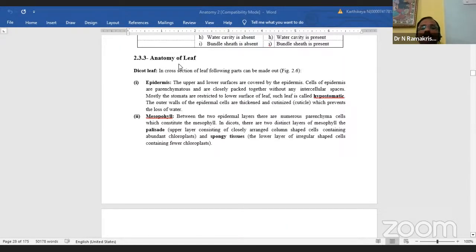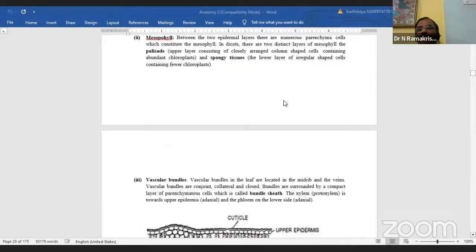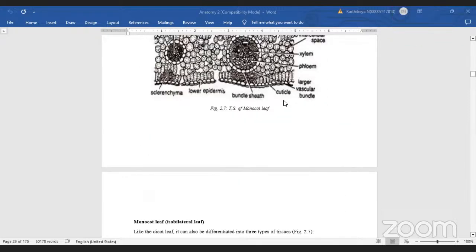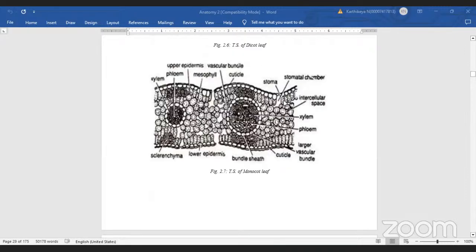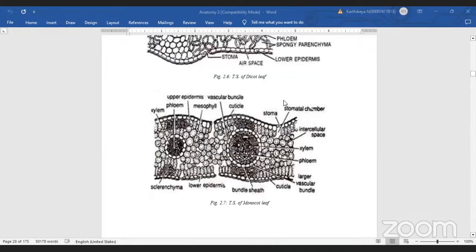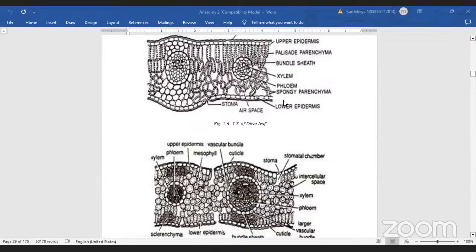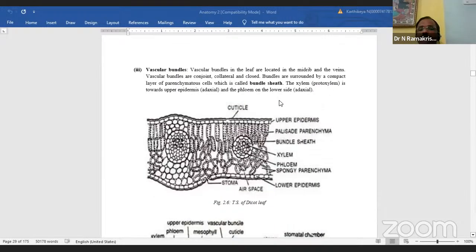So this is the anatomy of the leaf. Sir, how can we differentiate a monocot leaf and a dicot leaf? As in root and stem, is there any differentiation between the leaves to identify monocot and dicot? Easy. See the arrangement of vascular bundles, a little bit of variation is there.